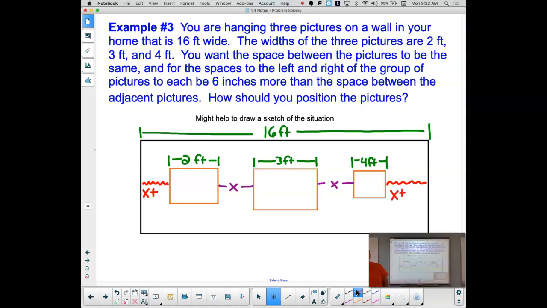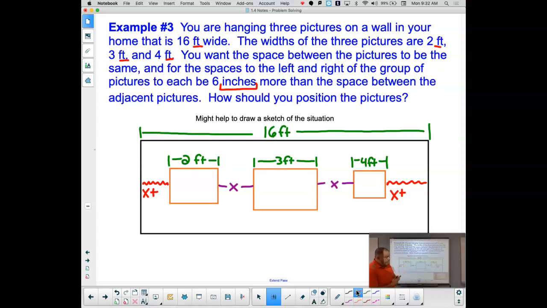Now, one thing that pops out for me is that here we were dealing in feet, here we were dealing in feet, but here, we're not in the same units. So we need to come up with a unit. I can either convert all of these feet, these green feet, into inches.